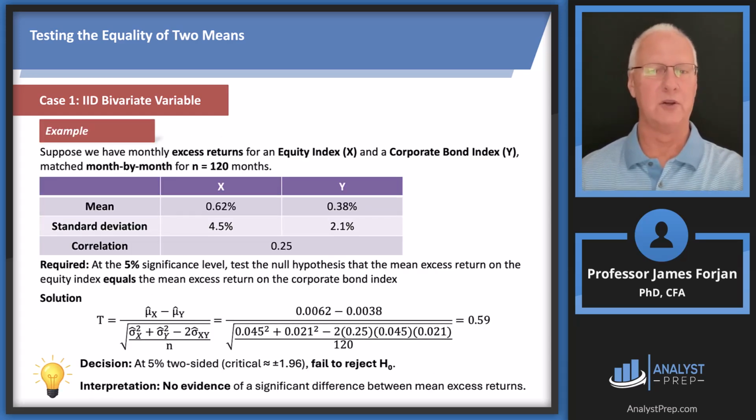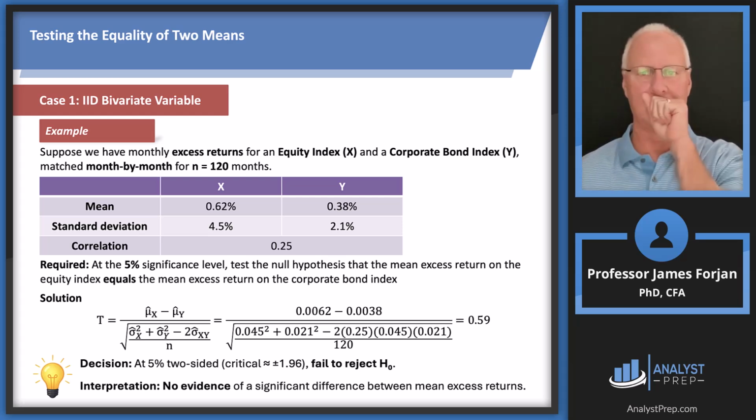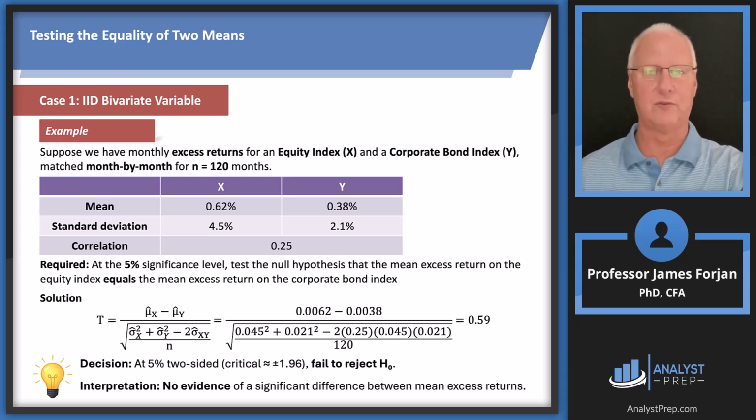Here's just a quick numerical example. We have excess returns, equity and bonds. Month by month, n is 120. There's a correlation coefficient of 0.25. Equity has higher mean return and a higher standard deviation. That's logical there. So let's go ahead and say, you know what?